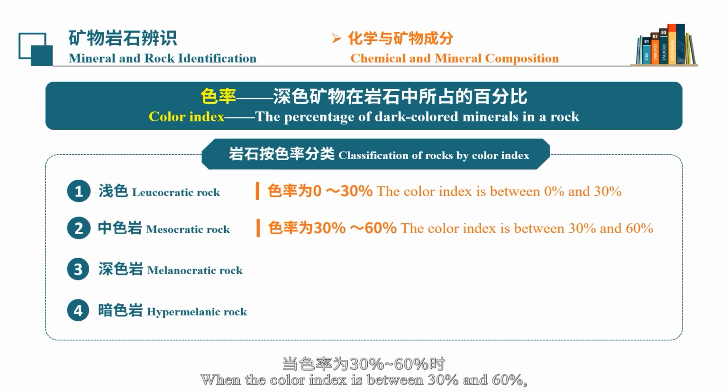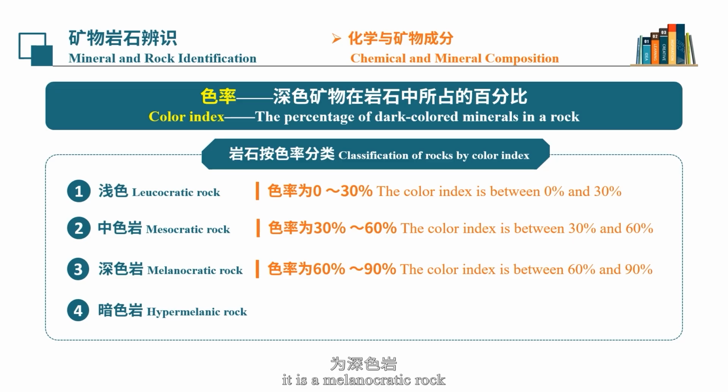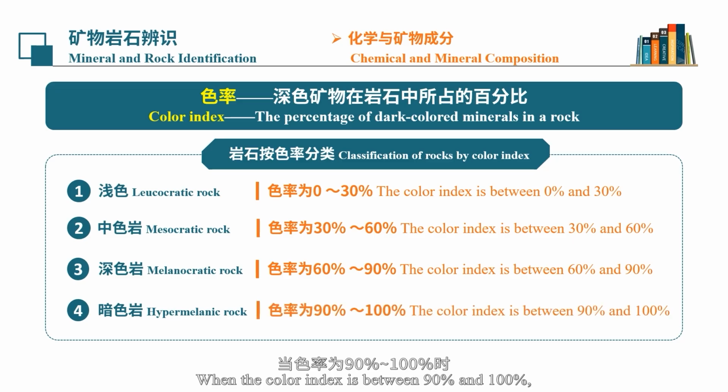When the color index is between 30% and 60%, it is a mesocratic rock. When the color index is between 60% and 90%, it is a melanocratic rock. When the color index is between 90% and 100%, it is a hypermelanic rock.